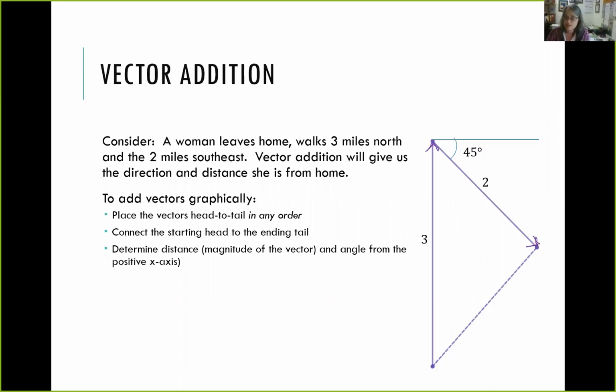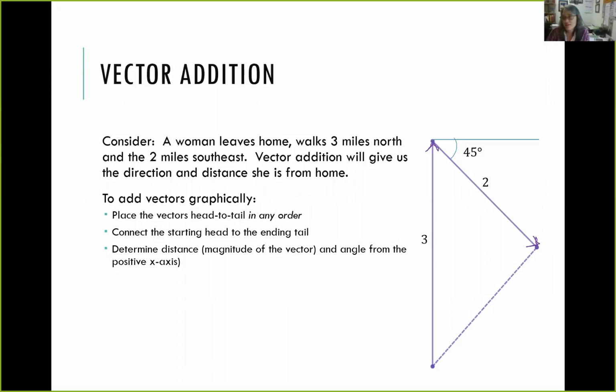In this case, this is 3 miles due north. And then we take the second vector and put its tail, so the tail is the starting point, at the head of the first vector. So we arrange our vectors head to tail, and then we connect our starting point with our ending point.